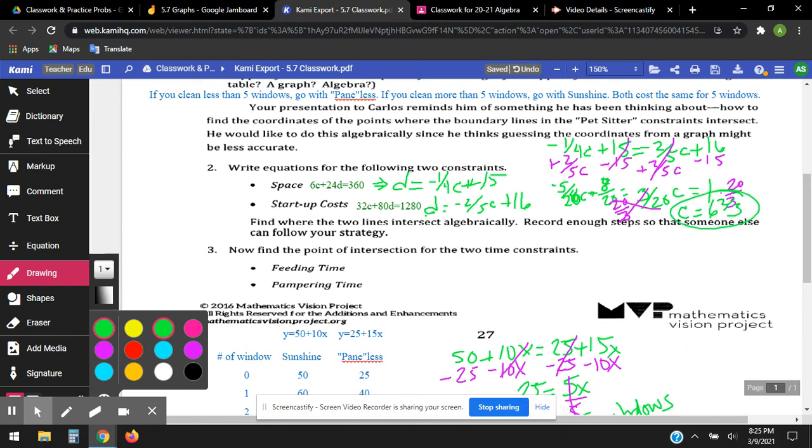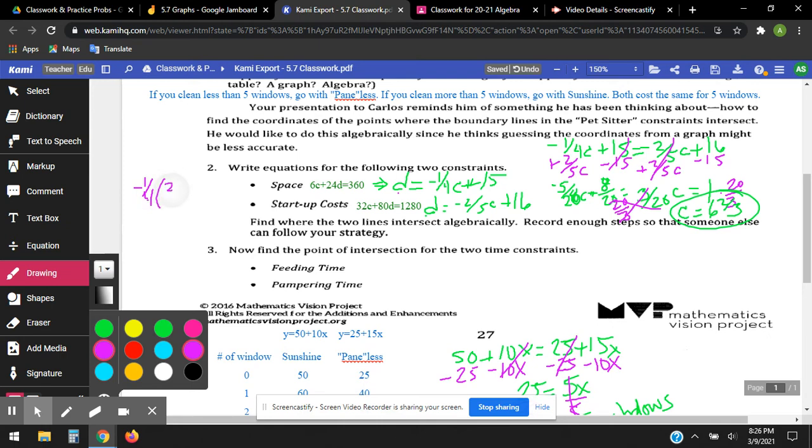So when I have 6 2/3 cats, this works. Well, that only helps me if I need to know dogs too. So for dogs, I'm going to substitute in. Here's my dogs equation, negative 1/4 c plus 15.